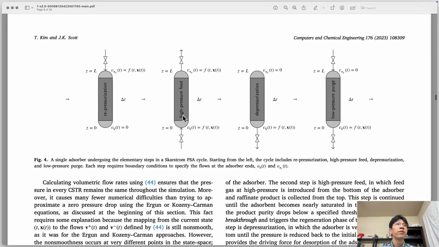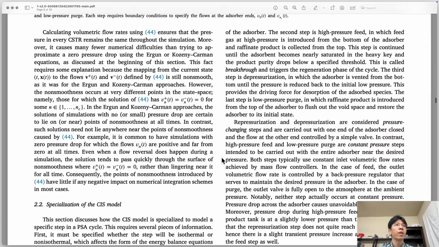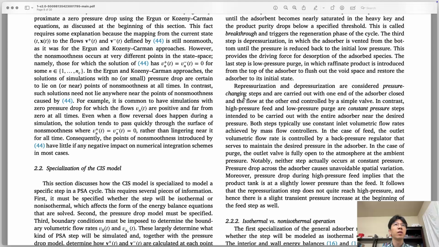So high pressure feed and low pressure purge, those are steps that either remain at constant pressure or relatively constant pressure, right? So we call them constant pressure steps, but depressurization and repressurizations are pressure changing steps because the pressure inside the packbed changes significantly during the step. So we can make that distinction, right? Pressure changing steps and constant pressure steps.